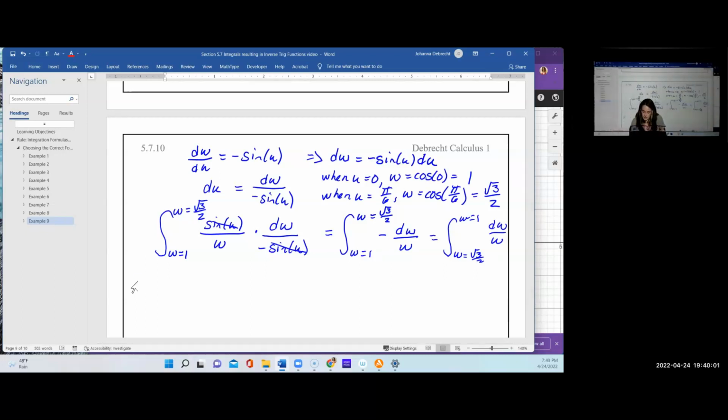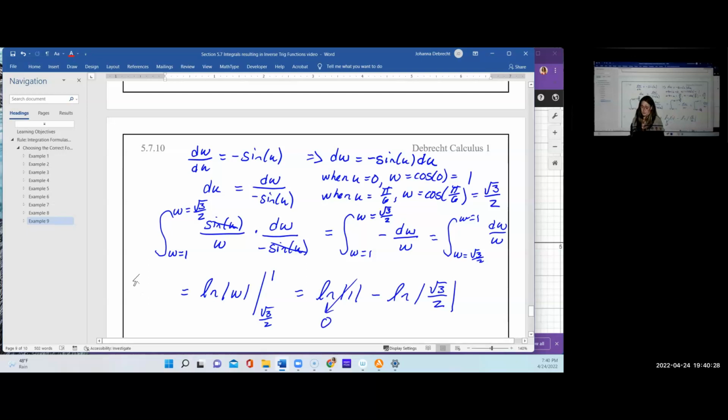So now we have the natural log of the absolute value of omega evaluated between square root of 3 over 2 and 1. This gives me the natural log of the absolute value of 1 minus the natural log of the absolute value of radical 3 divided by 2. Now you should remember that natural log of 1 goes to 0. This gives me negative natural log of radical 3 over 2.